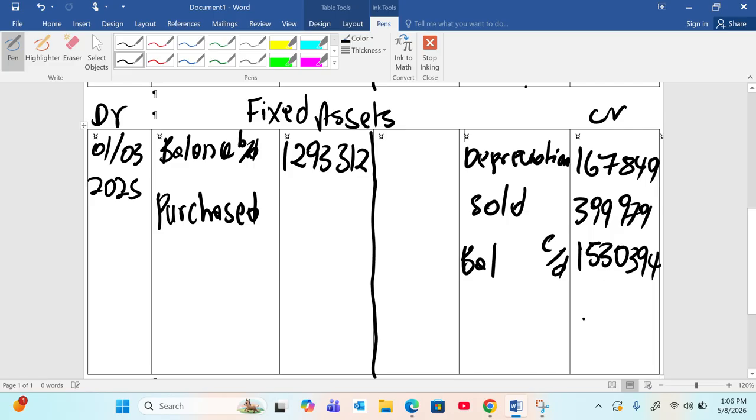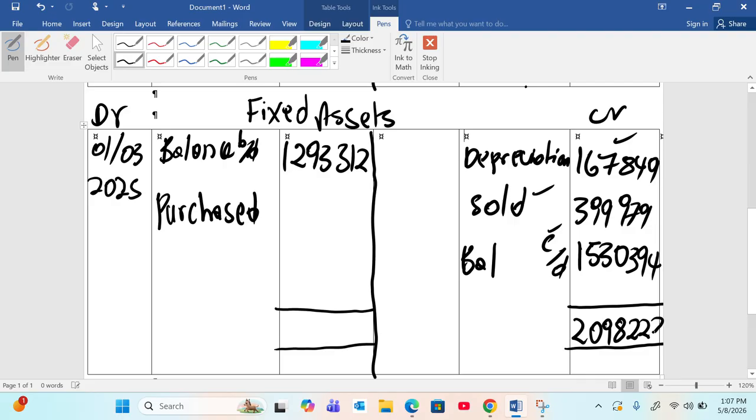All right. So what we need to do now, guys, we need to close off with the credit side because we already have the balance carried down. So we recorded all the amounts on the credit side. You add those three amounts, the depreciation, sold, the balance carried down, you will have an amount of 2,098,222.